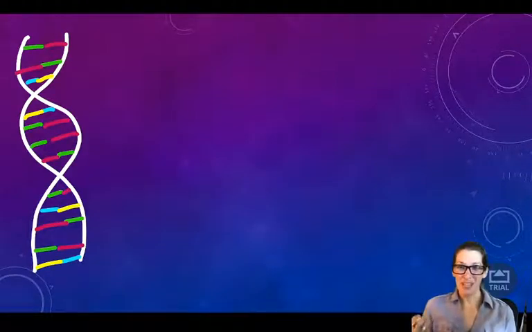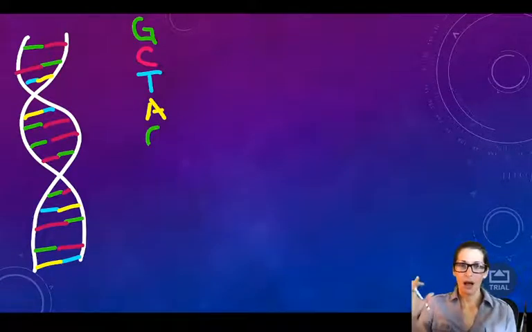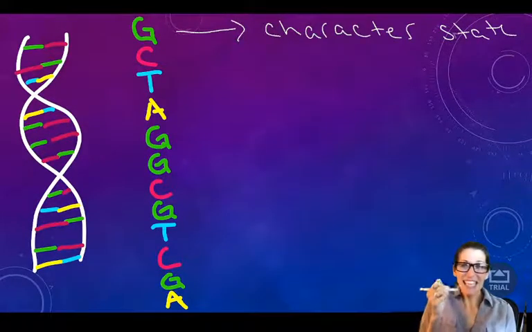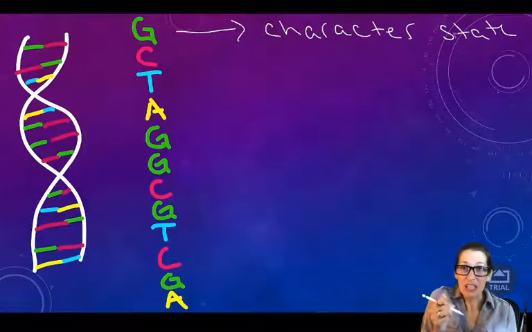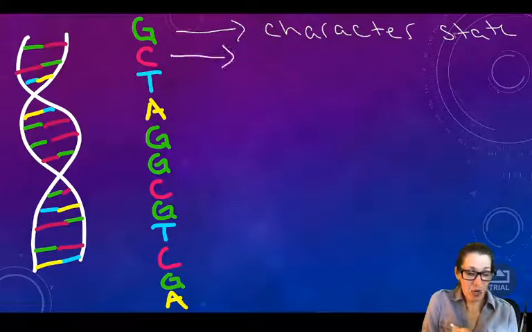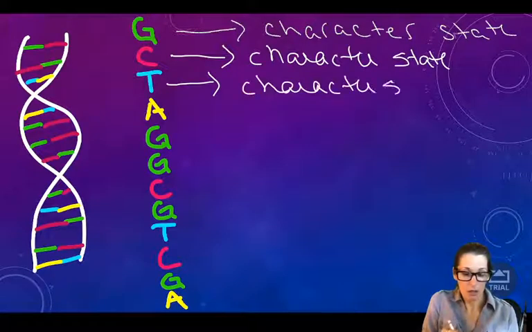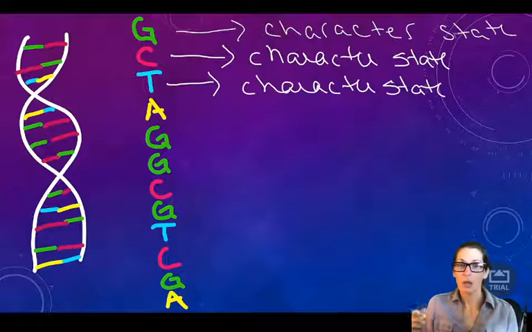But as you can imagine, as we started to sequence genomes, that massive amount of information contributed an extraordinary amount of data, because each and every position in the genome is its own character state. Every single position. Whoa.